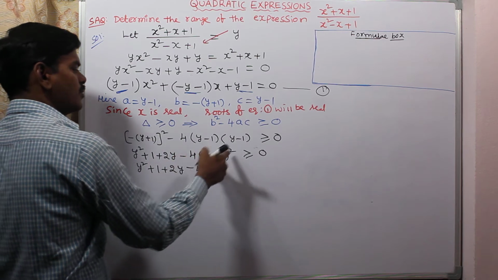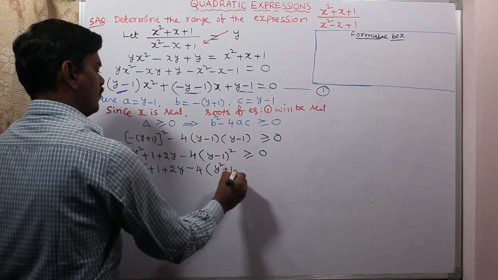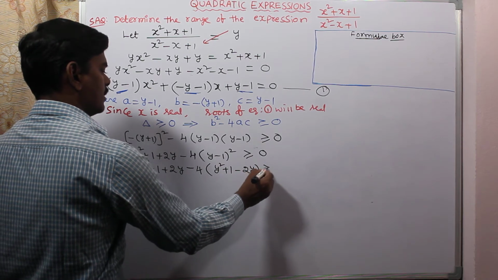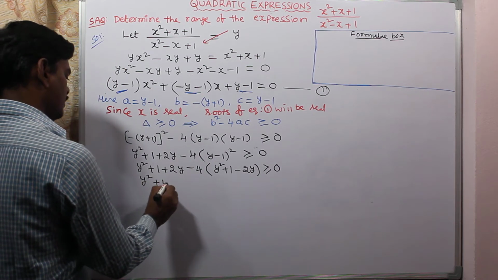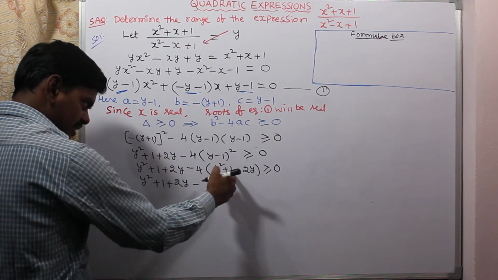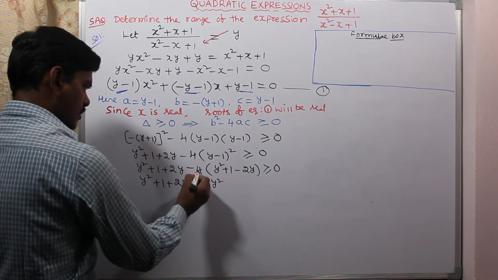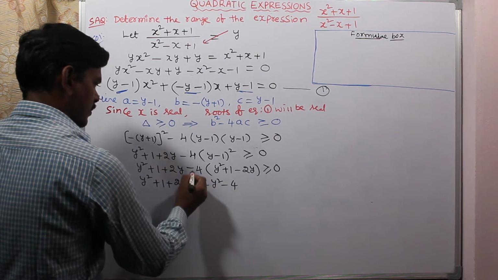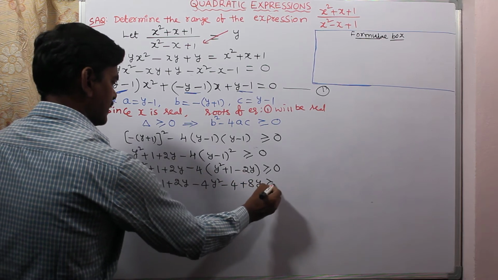Here use the (a minus b) whole square formula: a square plus b square minus 2ab, so y square plus 1 plus 2y as it is, minus 4. Multiply each and every term of this bracket with minus 4: minus 4 into y square is minus 4y square, minus 4 into 1 is minus 4, minus into minus plus 4 into 2y gives 8y, greater than or equal to 0.